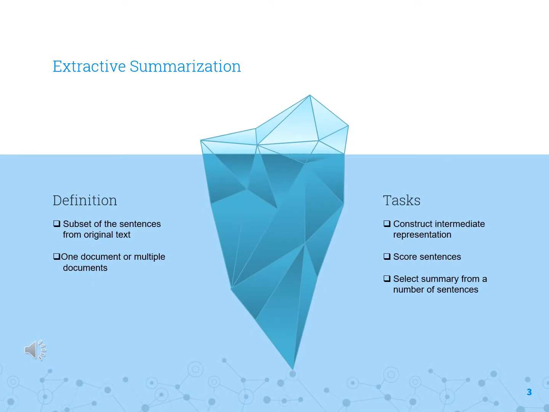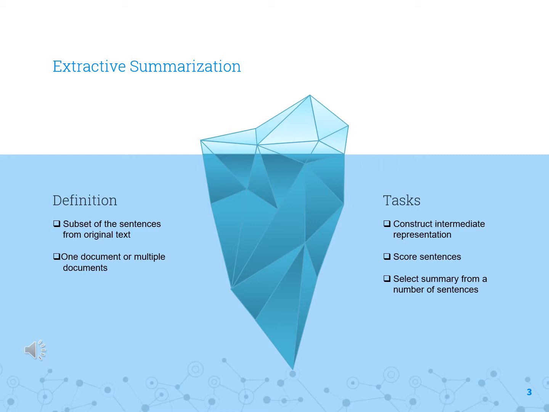Let's talk about extractive summarization. On the previous slide, we talked a little bit about it. It is a subset of sentences from the original text. It could be summarized from one document or multiple documents. How does an extractive summarization system work? In order to understand this, there are a couple of independent tasks to be performed.